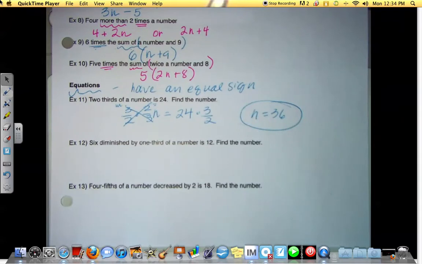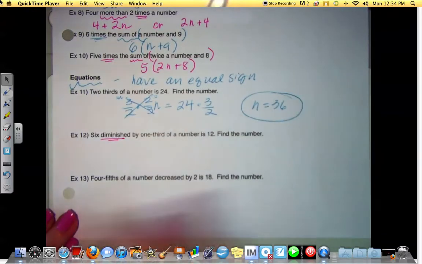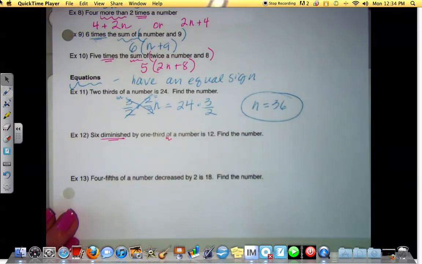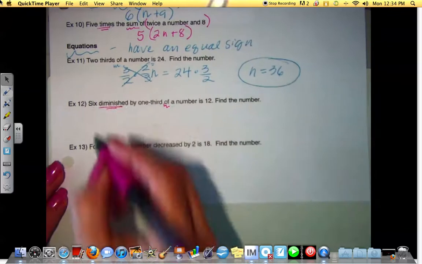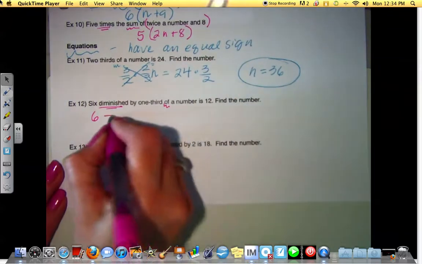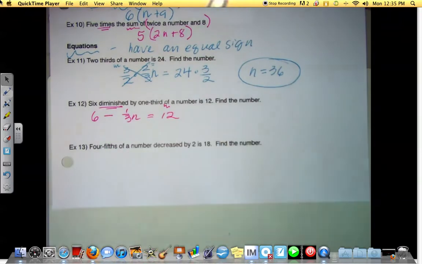Example 12: 6 diminished by 1/3 of a number is 12. Diminished implies subtraction. Of, what does that imply? Multiplication. So we have 6 minus 1/3 n equals 12.